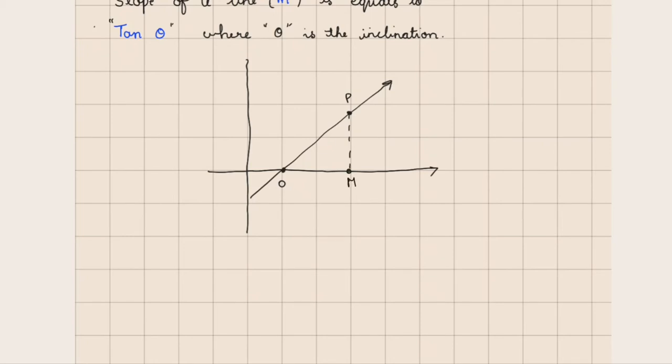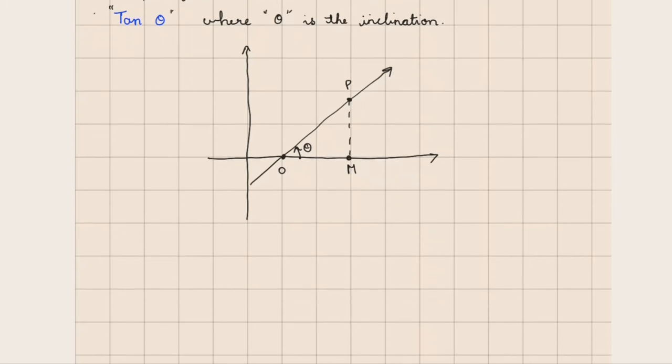Let's say this point is M. So this is theta, which is called inclination. Now slope is defined as tan theta, which equals the opposite side length by the adjacent side length. What is the opposite side? PM. What is the adjacent side? OM.